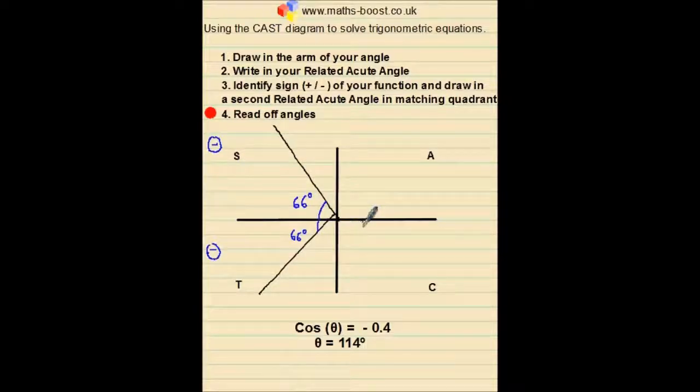Similarly, we can move in a clockwise direction for the negative angles, and here we would have, for example, minus 114 degrees. And you can cycle round as many times as necessary to build as many solutions as required by the interval given in the equation.